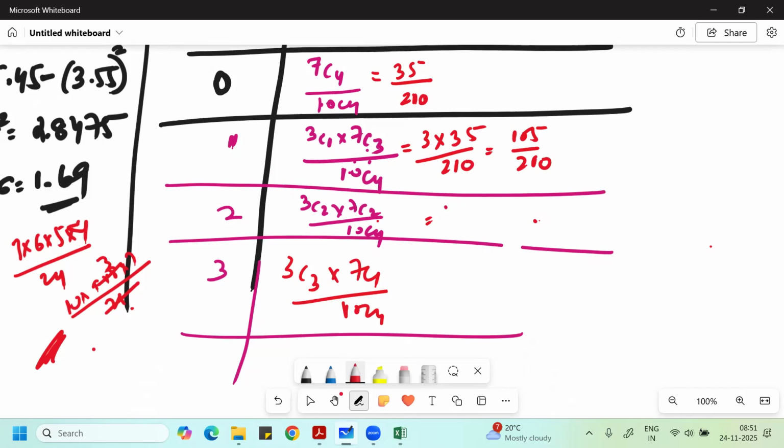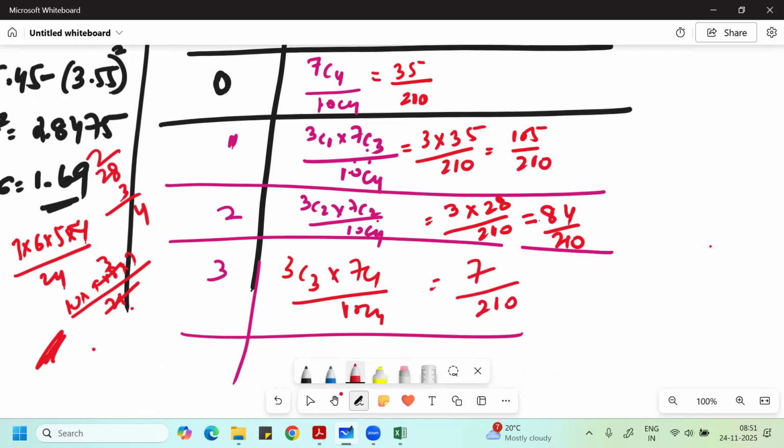Then 3C2 is 3, 7C2 is 28, so 84 by 210. And 3C3 is 1, 7C1 is 7, so 7 by 210.